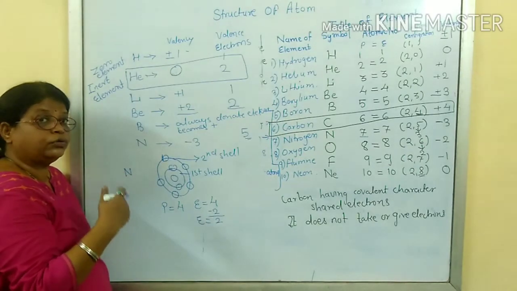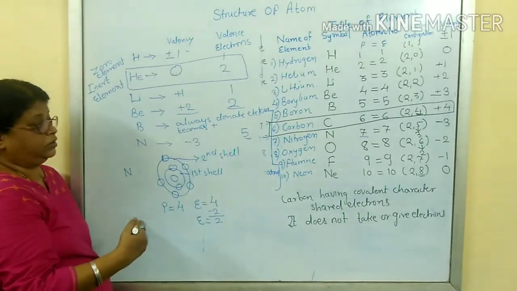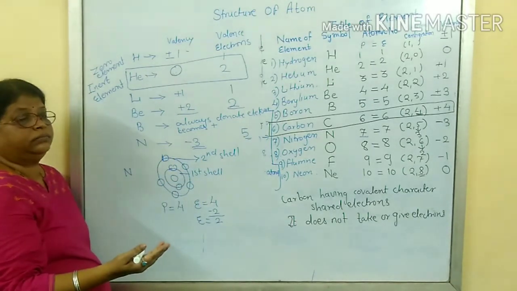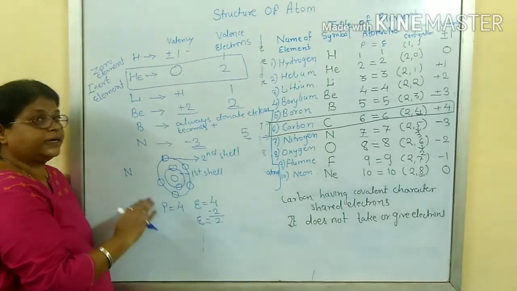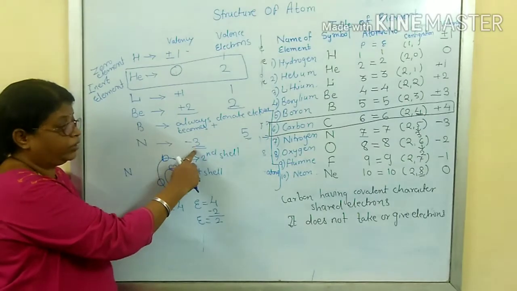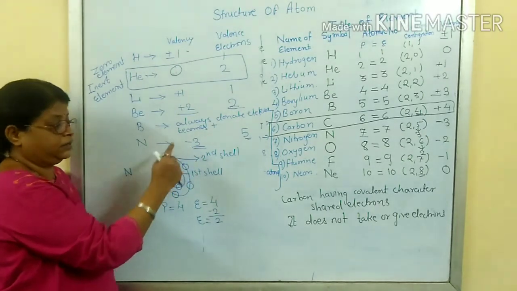So from 5 to 8, they accept 3 electrons from another atom and get satisfied.